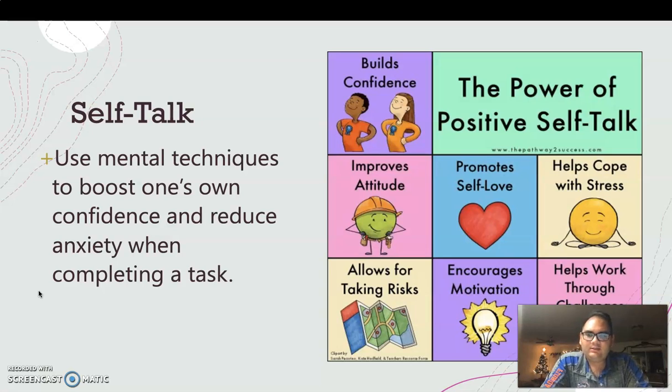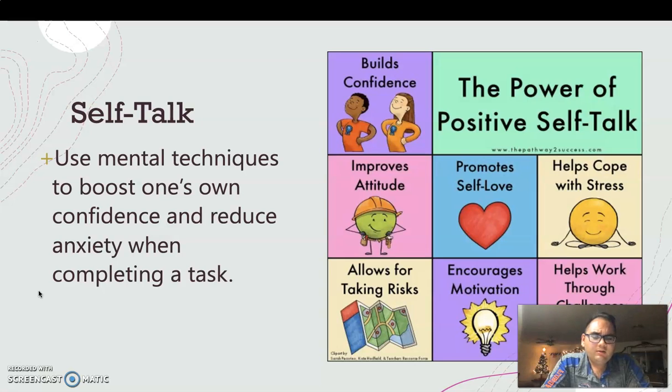Or, I got this problem wrong and this doesn't make sense. Let's try it again. Maybe we can try this problem again, or ask this question another way, go back to rephrasing. But we want the students to be able to think of themselves in a positive way.